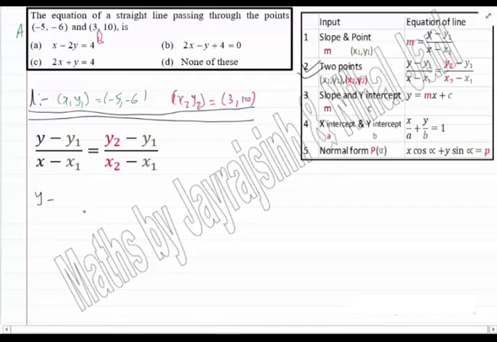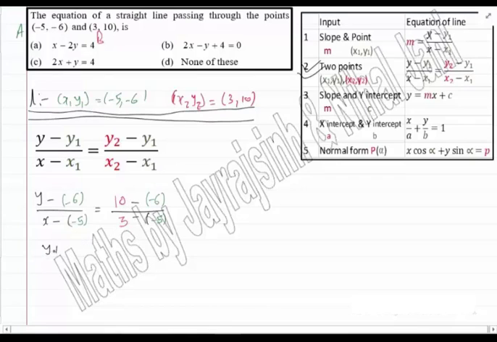Here we just have to put the data. y minus y1 is y plus 6, upon x minus x1, x plus 5. Let's put this on the right hand side also. So -6 and -5. It's time to put the second point. The y coordinate of the second point is 10 and the x coordinate is 3.